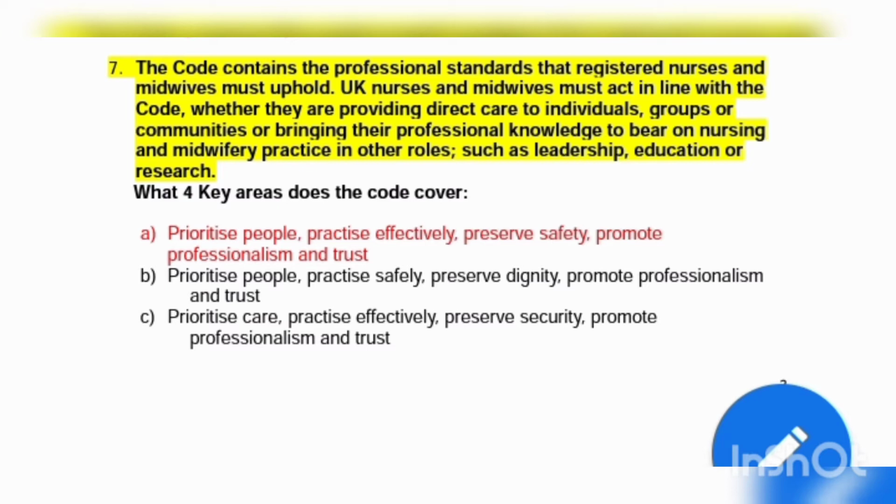What 4 key areas does the code cover? Option A. Prioritize people, practice effectively, preserve safety, promote professionalism and trust. That's the correct answer. The other options are prioritize people, practice safely, preserve dignity, promote professionalism and trust. Option C. Prioritize care, practice effectively, preserve security, promote professionalism and trust.